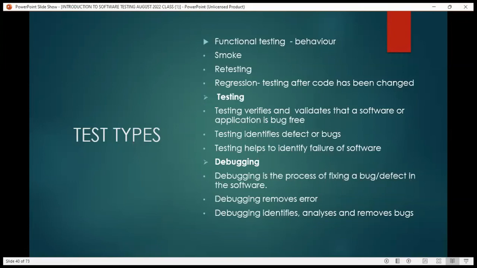The next one I'm talking about is retesting. The English word is retesting. So for instance, I've tested the login scenario, the simple one that we all understand, with the username and the password.